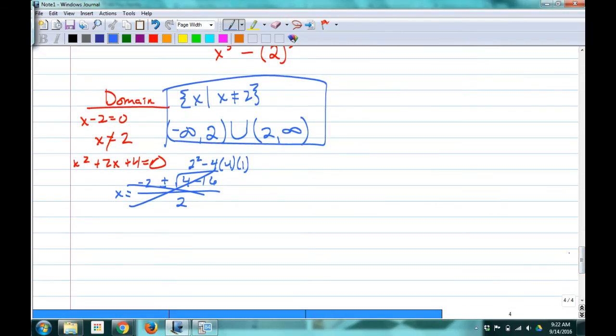Since nothing canceled out, my vertical asymptote is at x equals 2. The one with the complex solution is not going to show up. Remember, it doesn't show up in the normal graph. So now we just graph it.